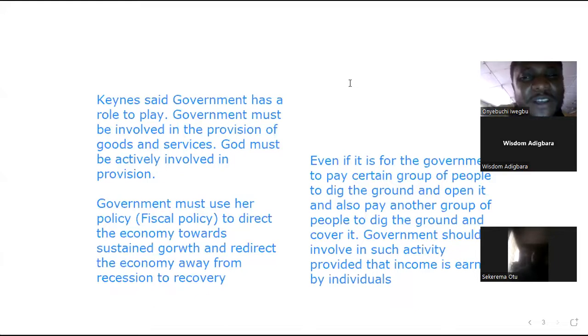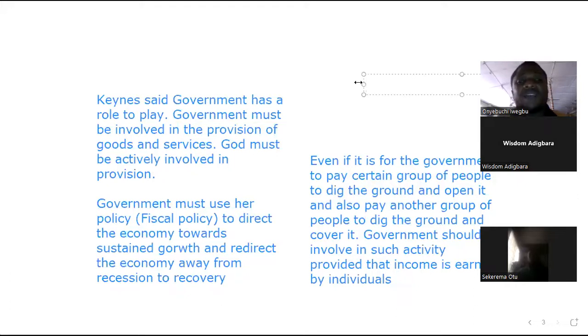That's why we now have universities owned by governments. That's why we now have general hospitals, teaching hospitals owned by governments. That's why we now have NEPA providing electricity before. That's why we now have government providing those what? Services, oil, refinery, and all of that. So that Keynes said, by the time you do this, you will be able to do what?